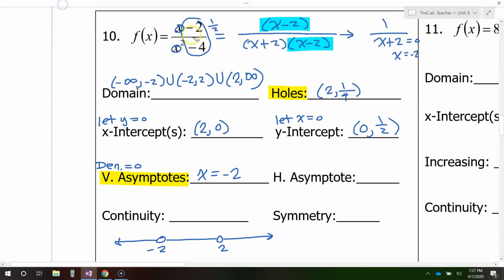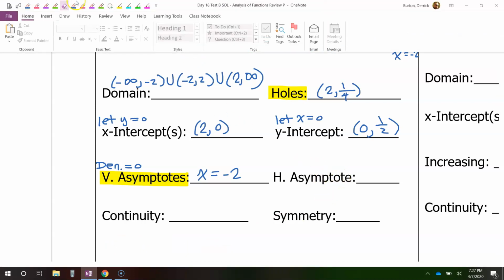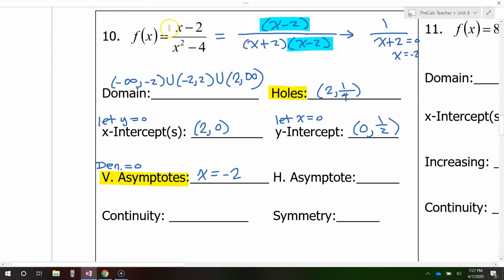Okay, let's talk about horizontal asymptotes next. Horizontal asymptotes are going to come from the end behavior. A nice way to think of this is that if you look at the numerator, only one of these terms is actually going to matter.